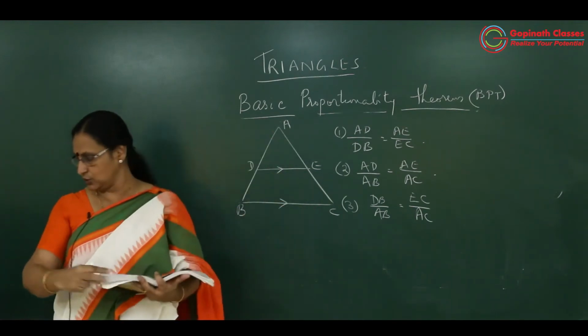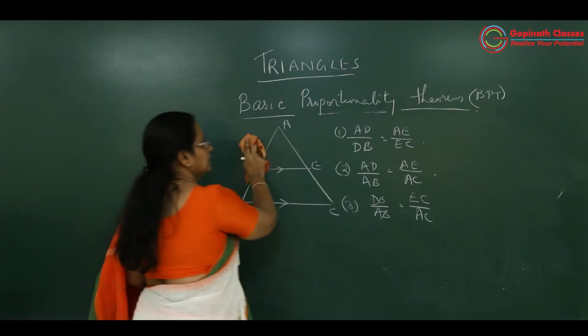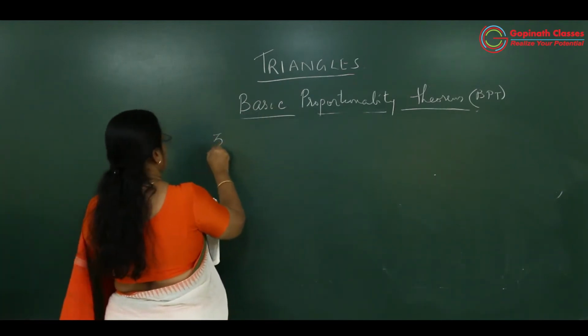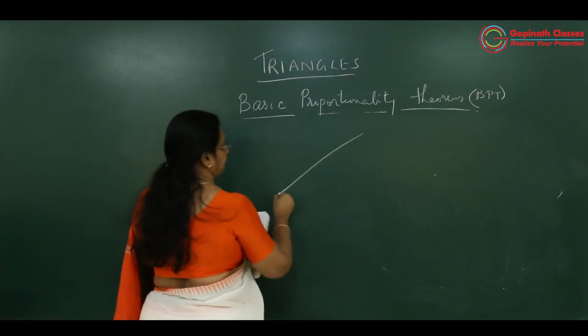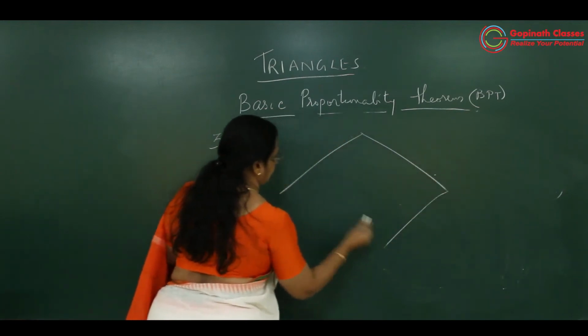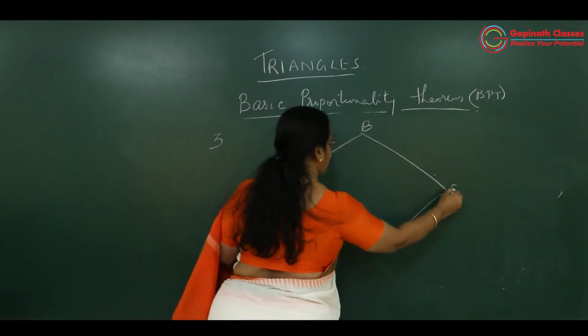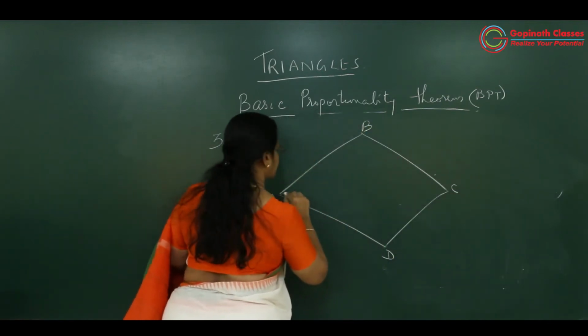Now, we will do main question number 3. The figure of main question number 3 is like this. It is ABCD. AC is joined.